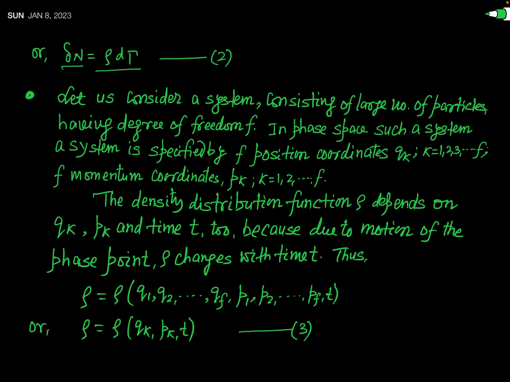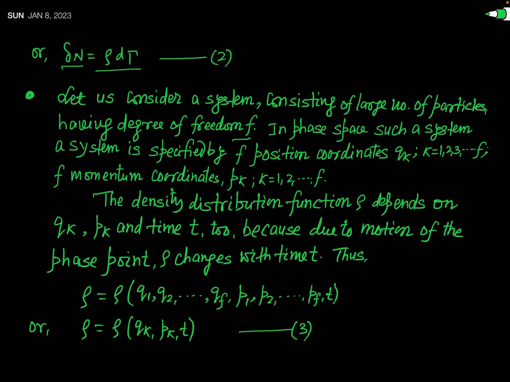Now let us consider a statistical system. When you consider a statistical system, it means there is a system consisting of a very large number of particles. We also consider that this system has f degrees of freedom.